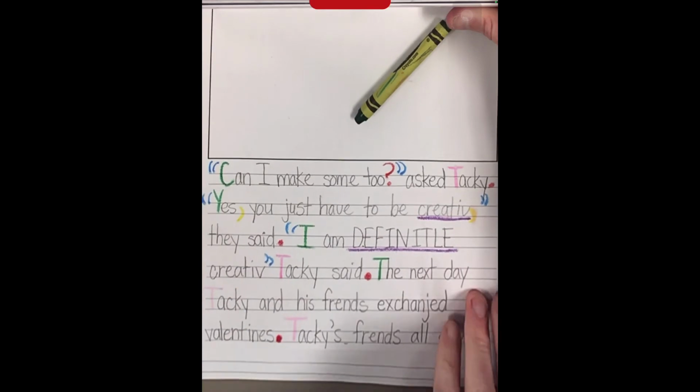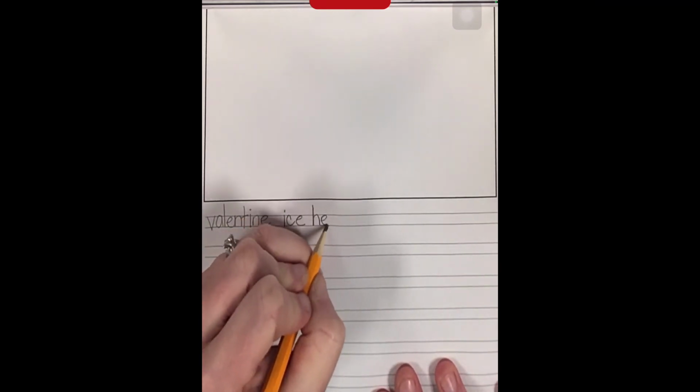I ran out of room, so I need another paper. Tacky's friends all gave, let's see, what could they give? Oh, I know. Valentine. I'm using the Tacky story to help me spell ice. And I'm using my word list room to help me spell hearts.